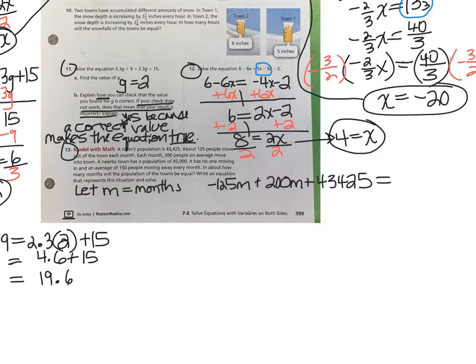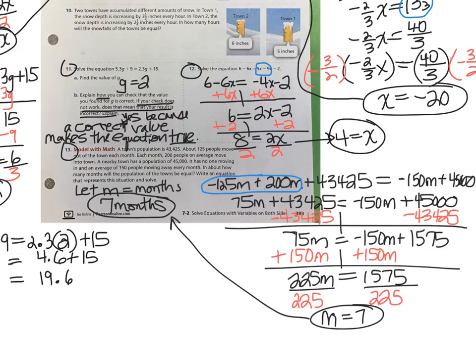That's going to be equal to the nearby town, which has a population of 45,000. It has no one moving in, and an average of 150 people moving away every month. Now we're going to solve this to find out M, which is the number of months until the population of the two towns is equal.